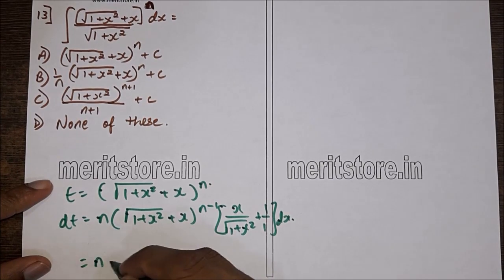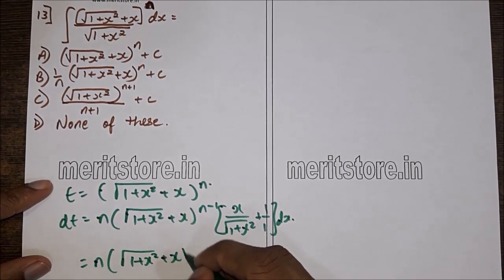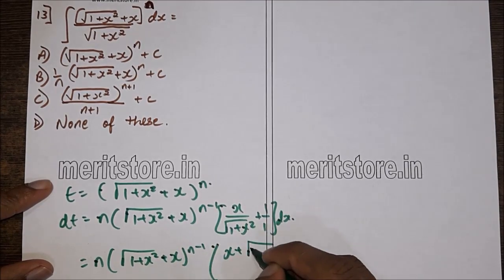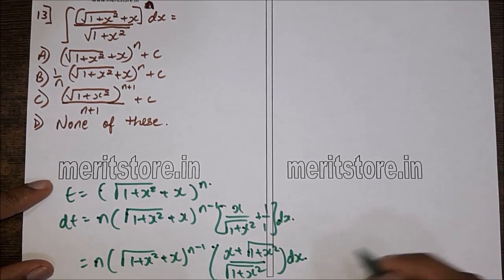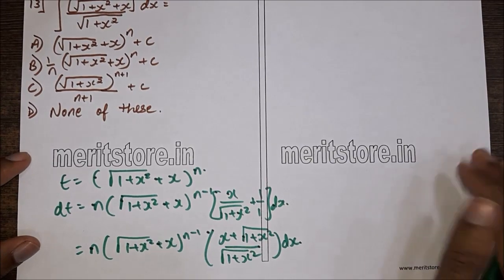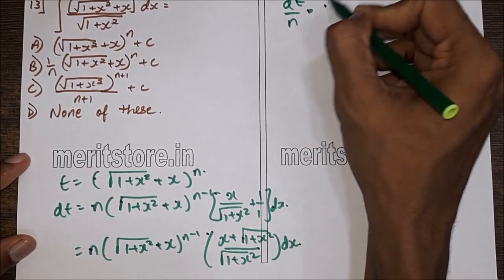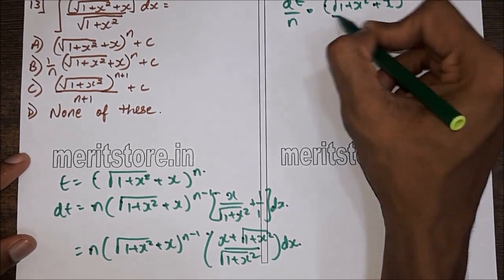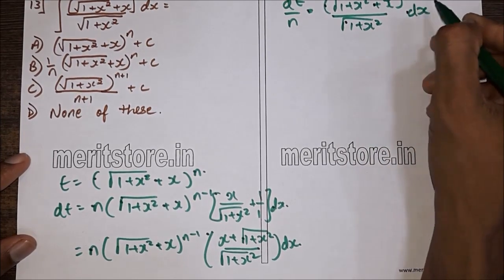Further we can write this as n under root 1 plus x square plus x raised to n minus 1 times x plus under root 1 plus x square upon under root 1 plus x square dx. Further we can write this as dt upon n equal to under root 1 plus x square plus x raised to n upon under root 1 plus x square dx.